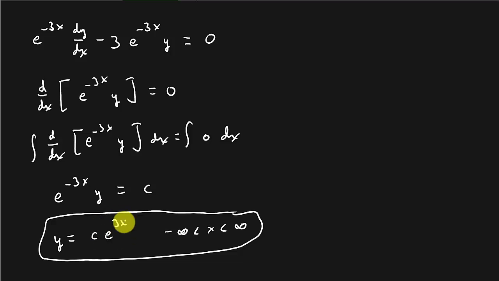Now let me just show you real quick how I get this, because this is pretty standard. I'm sure you can do it in your head, but in case you're not seeing it, I will show you one time. We're dividing both sides by e to the negative 3x. So those cancel.